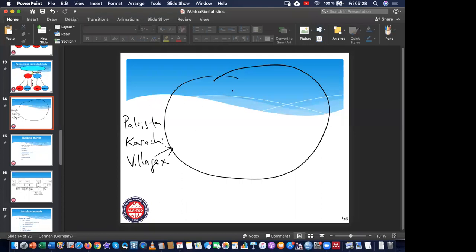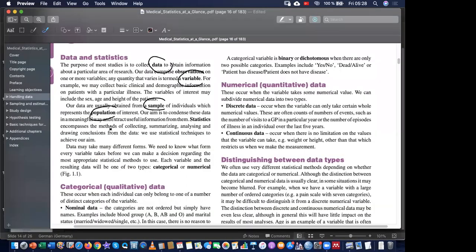In this community, let us say in village X, how many people are living? Let's say we have 1,000. This we show with big N. N is 1,000. We have 1,000 people in this village, and that we call the population. Okay, that is our population.